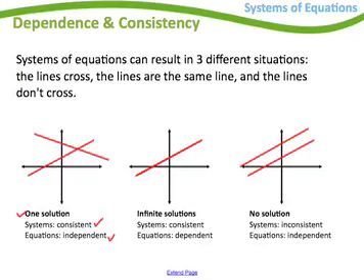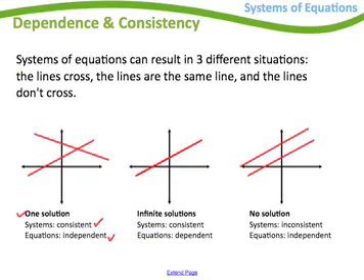And finally, if I have two lines where the slopes are the same, but the y-intercepts are different, like these ones here, if the slopes are the same, these lines will never cross. And that's why the system is called inconsistent, because they don't ever cross. And again, the equations, since they're not the same, are independent.